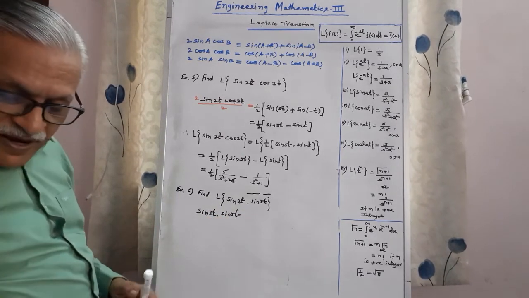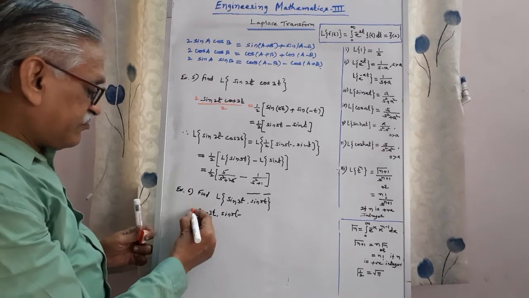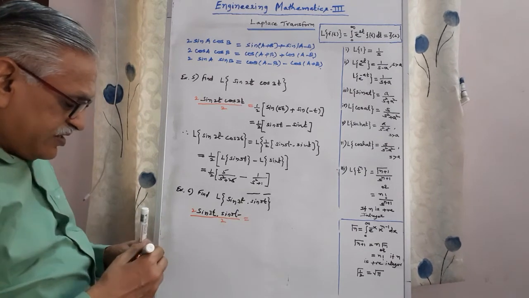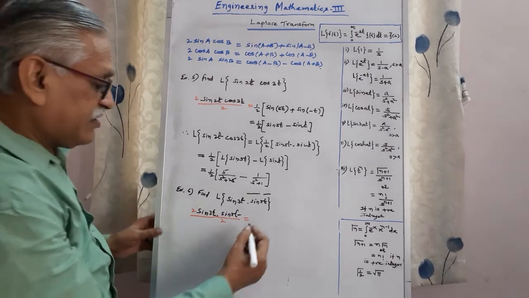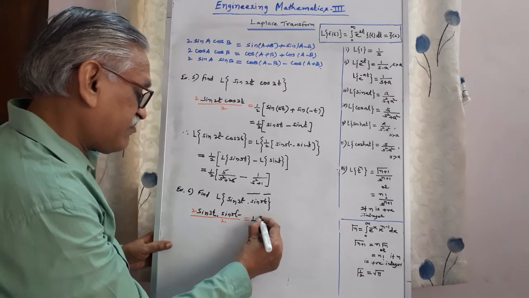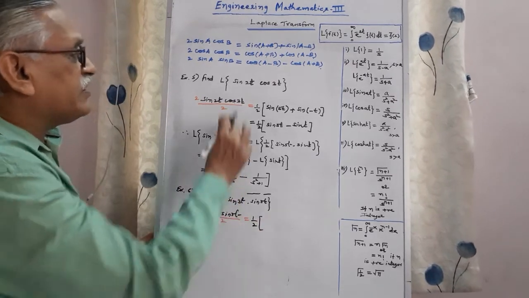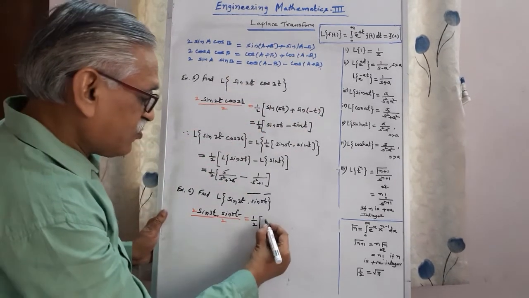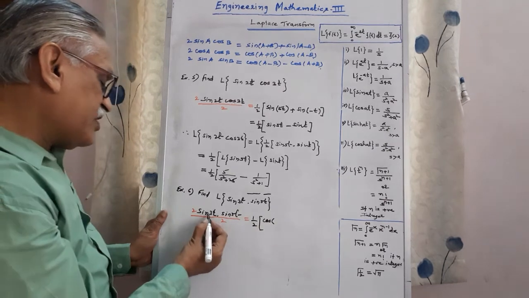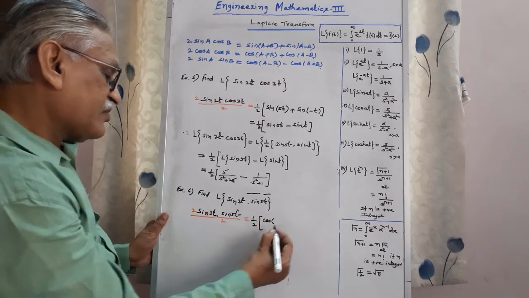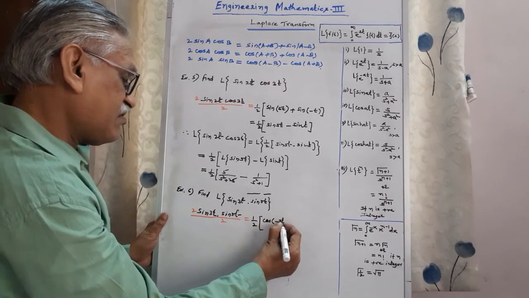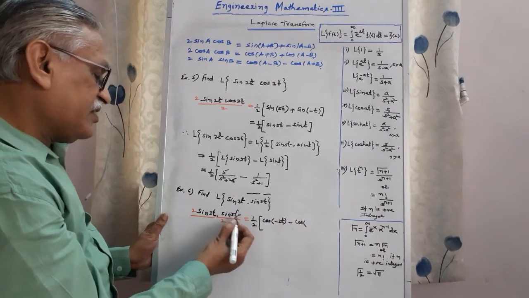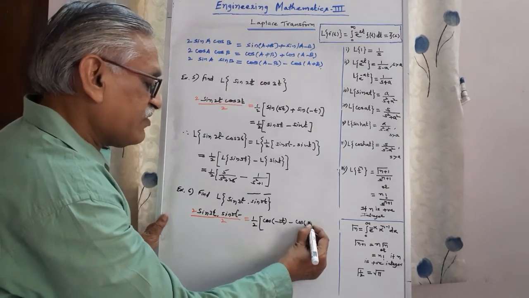Once again, I will multiply it by 2 and divide by 2, so that we get 1 by 2 times 2 sin A sin B. Applying this result, it is cos A minus B minus cos A plus B. Therefore, it is cos of A minus B, 3t minus 5t, and minus cos of A plus B, 3t plus 5t, we get 8t.